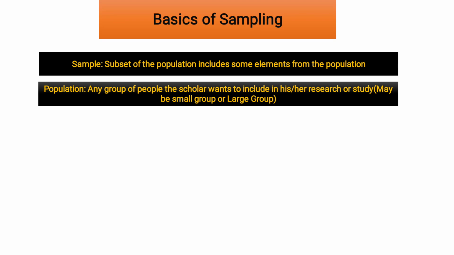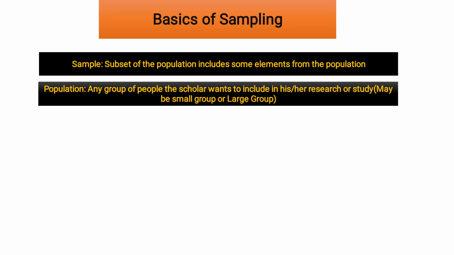So it is clear that the population is the interest of a scholar, or the objective of the research is to study a group of individuals or units, and this can be small or can be large.